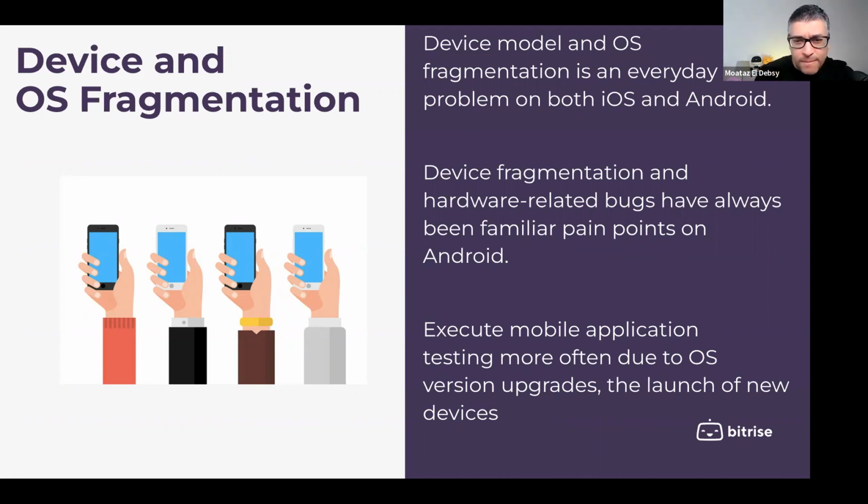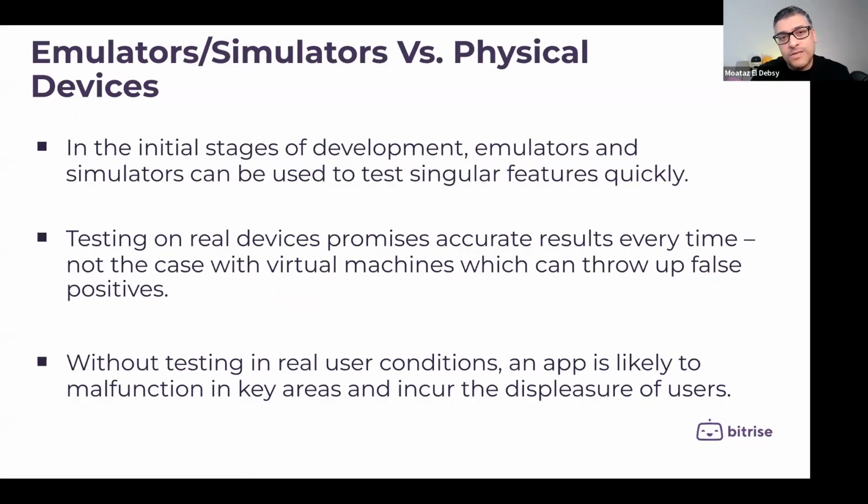For example, I have a Pixel 3, and maybe someone has a Samsung, so maybe the application behaves differently on the other device type. So we always need to think about how we can run on different devices with different OS versions. And always the question, or the challenge, that we have is: shall we run on simulators or physical devices?